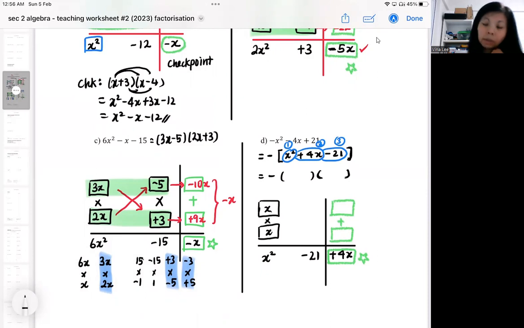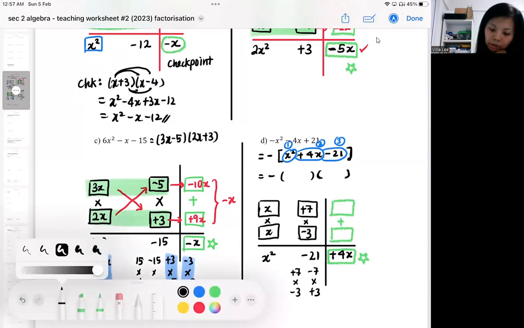It's just an x times x. Then for this one, it's quite easy. It will be either positive 7 times minus 3 or negative 7 times positive 3. So I will be choosing the positive 7 and minus 3.